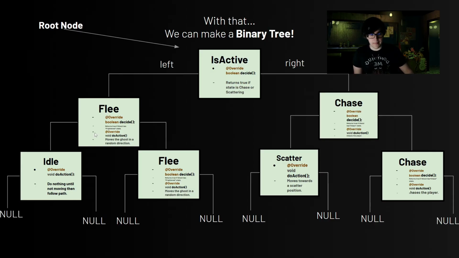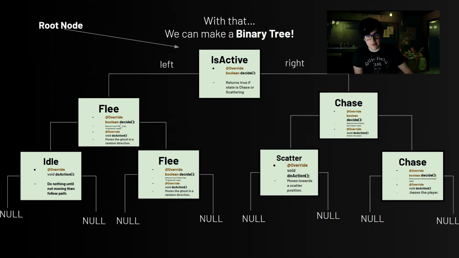Okay, so now that we have all of these states in here, we can see what I meant when I mentioned that flee and chase both have multi-behavior. We could create two different objects of type flee and use them for different purposes. Because this first flee is not a leaf, we will not execute do action. We will just use its decide method to decide where we should travel next in the tree.